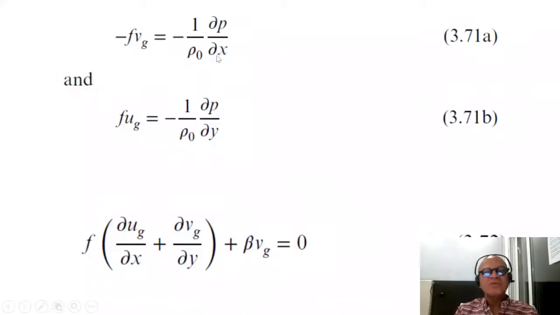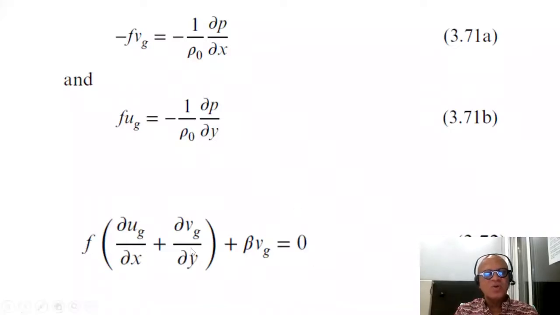These will cancel out, d2p/dx dy and d2p/dy dx, and you will end up with f times (dUg/dx plus dVg/dy), remember the subscripts here, geostrophic currents, plus beta, which is df/dy, times Vg equal to 0.